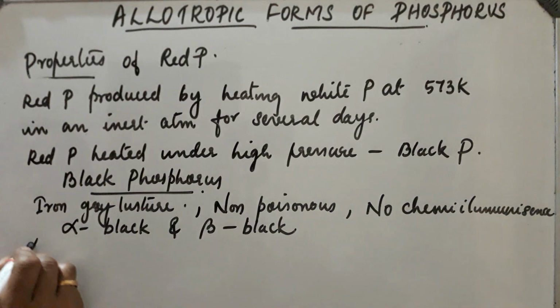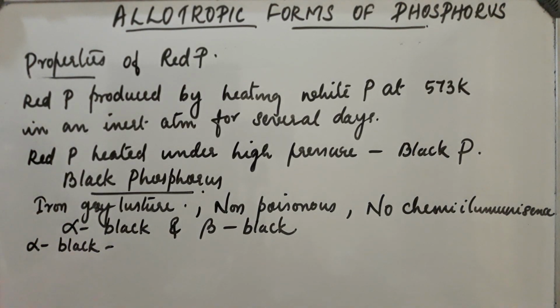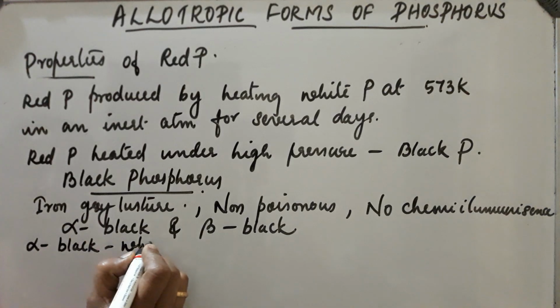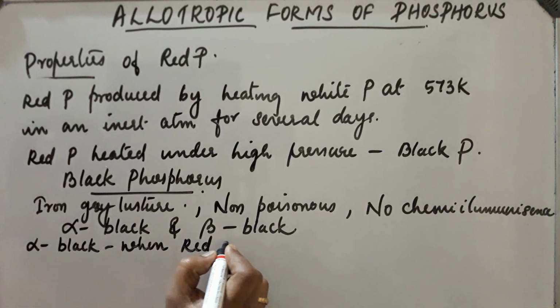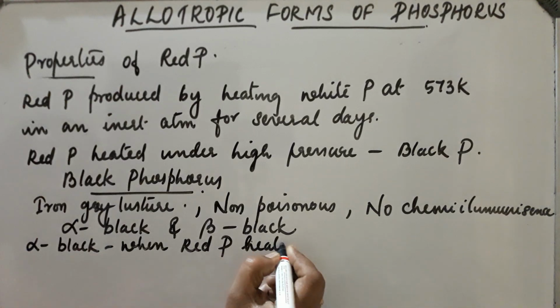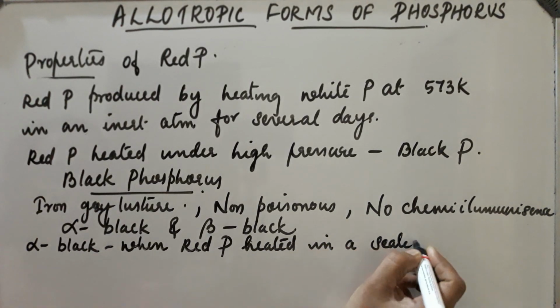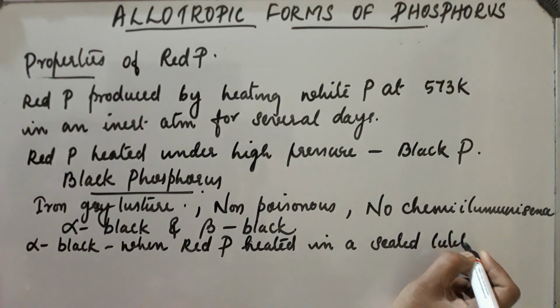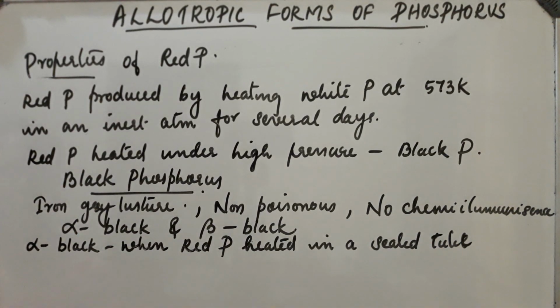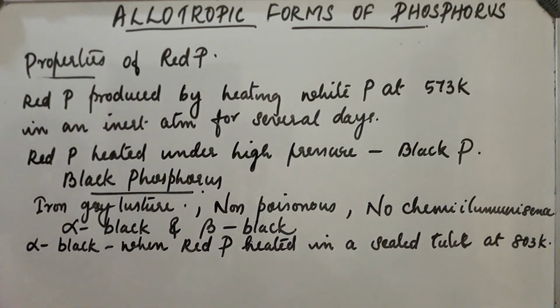First, alpha black. How can we obtain it? Alpha black can be obtained when red phosphorus is heated in a sealed tube at 803 Kelvin. What are its properties?